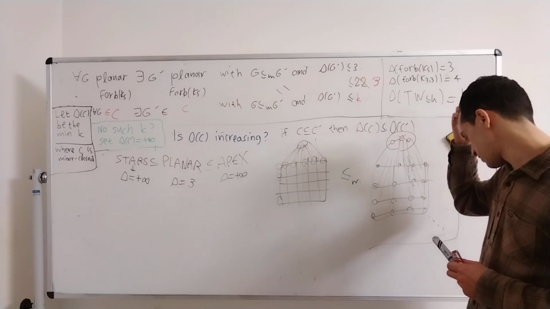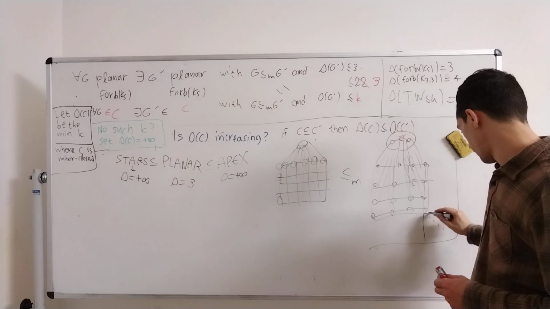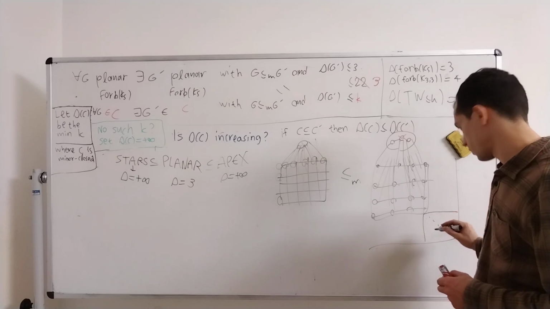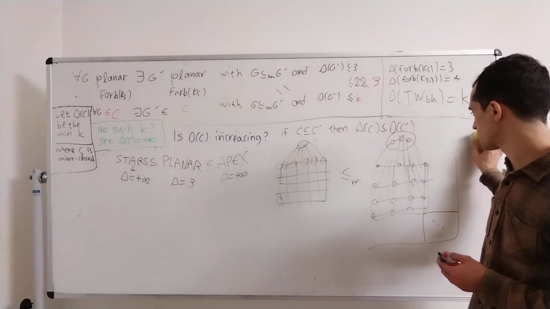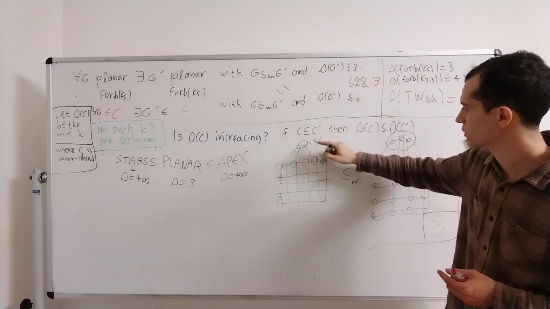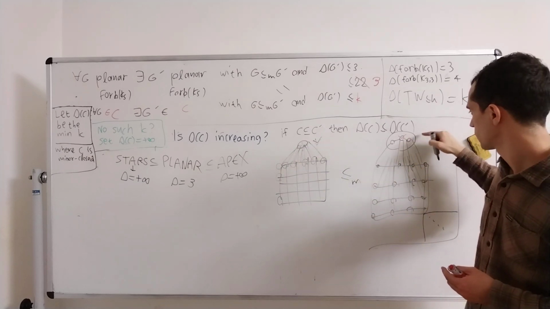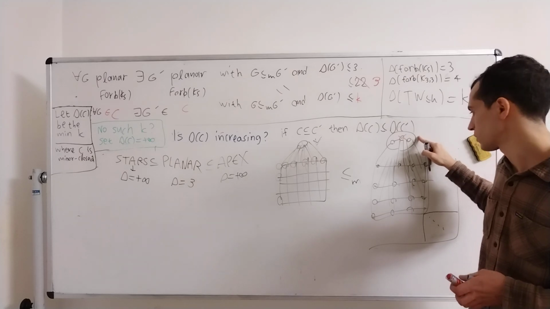So if we have a large enough grid, we will be able to find some grid for which the inflation of this vertex, call it V, here, will retain all its edges, right?